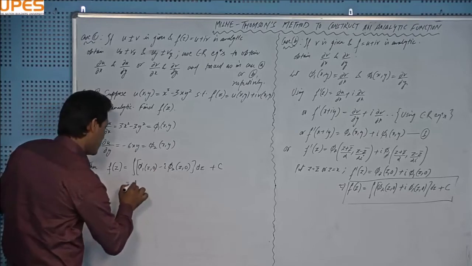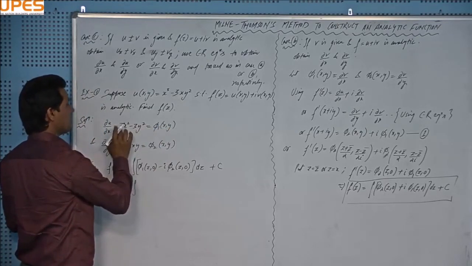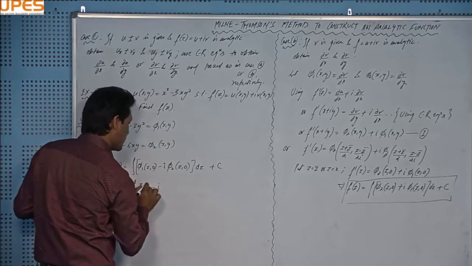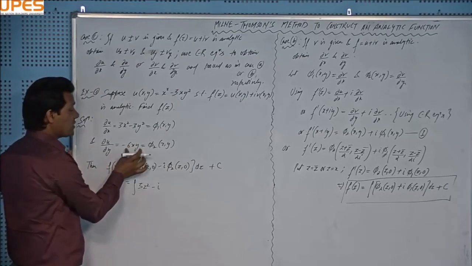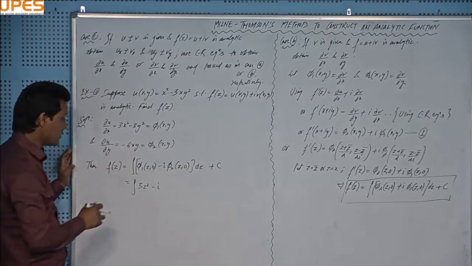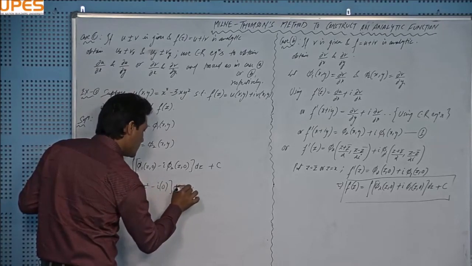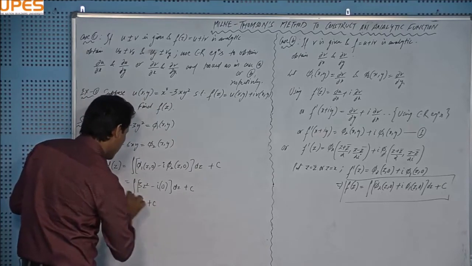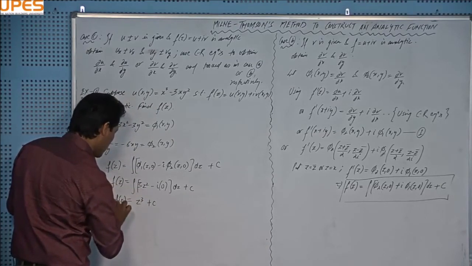Now you can put phi 1 z comma 0, substitute x equal to z and y equal to 0, you will get 3z square, minus iota times phi 2 z0, and if you put x equal to z and y equal to 0, you can see that this term will vanish, 0, right? So it is 0, iota times 0 dz plus c, and you can integrate it. Integration will give you z cube plus c. So this is your f z, right?